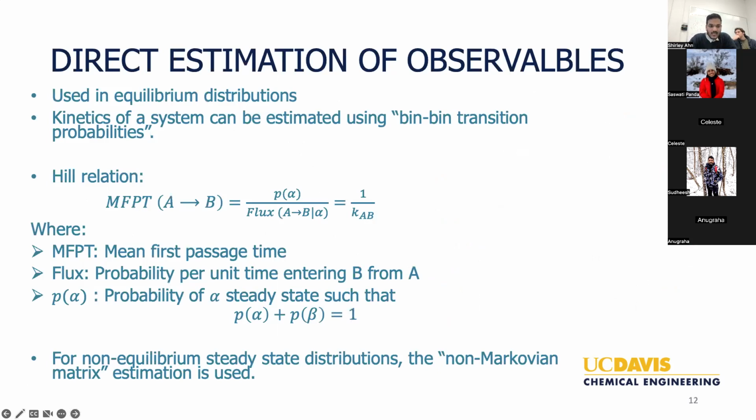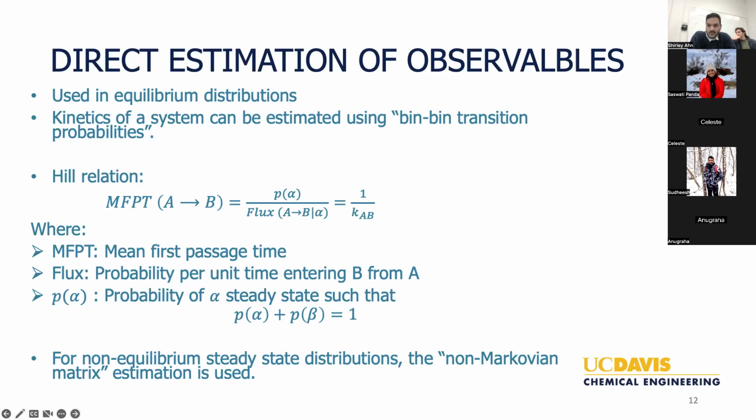So in equilibrium distributions, the kinetic parameters are estimated using the direct estimation of observables, where the kinetics of a system can be estimated using the bin-to-bin transition probabilities. So we essentially look at how much probability has transferred from one bin to another, and based on that, we calculate the kinetic parameters.